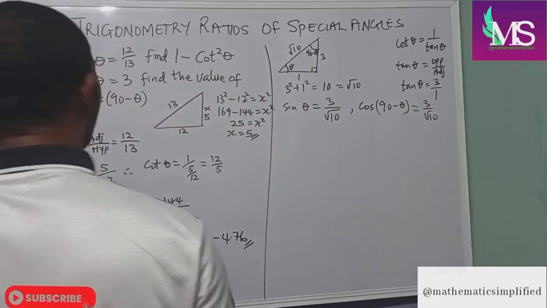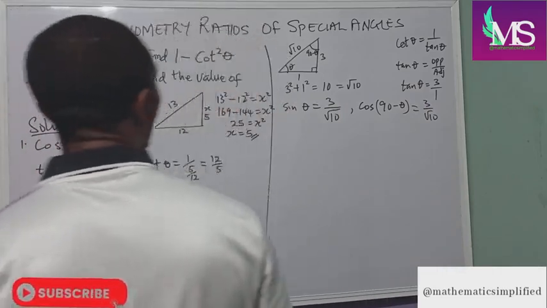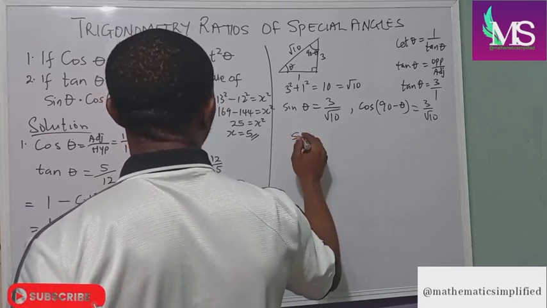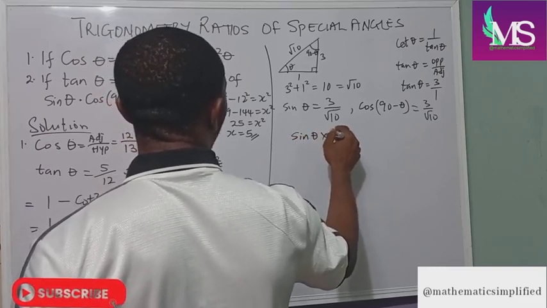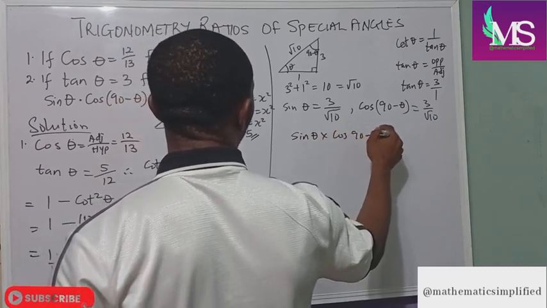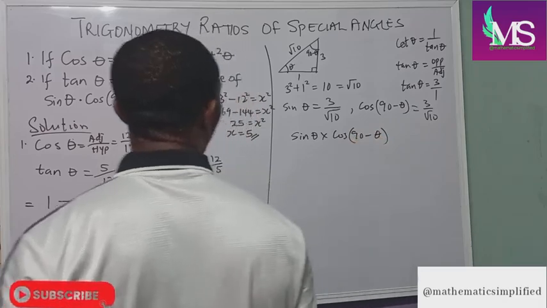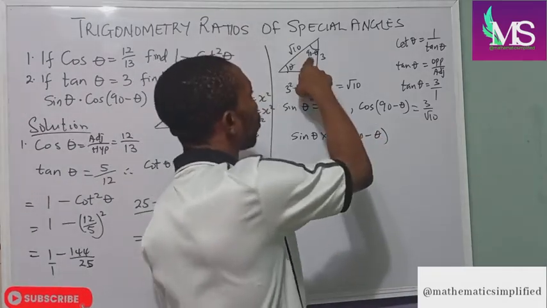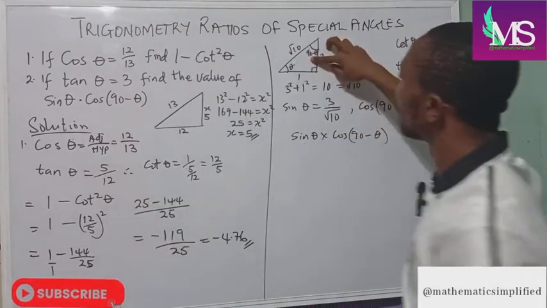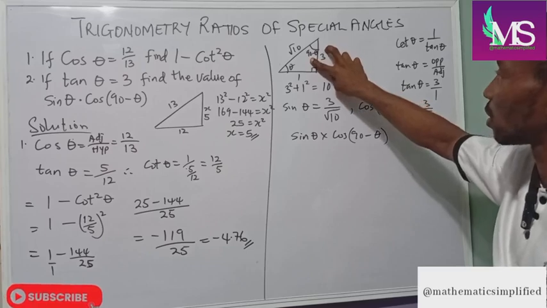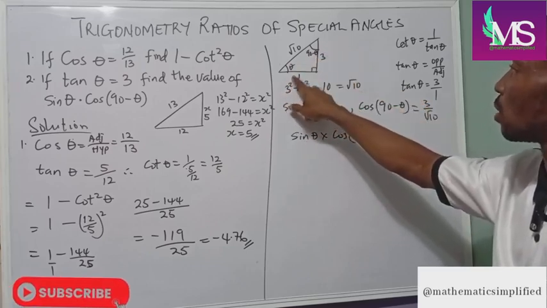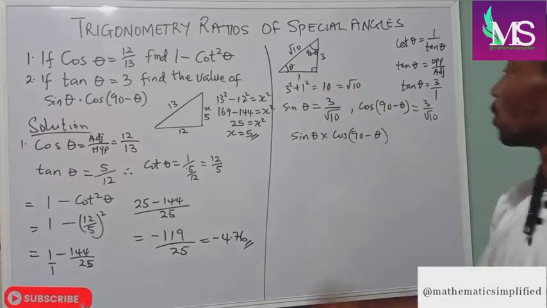Now, since we are multiplying them, this becomes sin theta times cos 90 minus theta. Okay, now how do we get this? Considering our angle here, 90 minus theta, this becomes our adjacent. Considering theta, this becomes our adjacent, while this is our opposite.